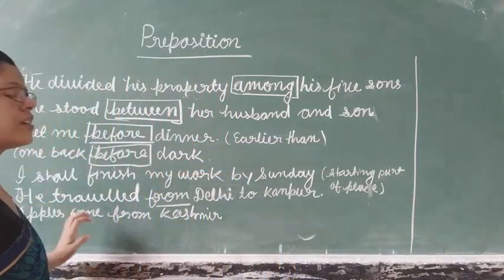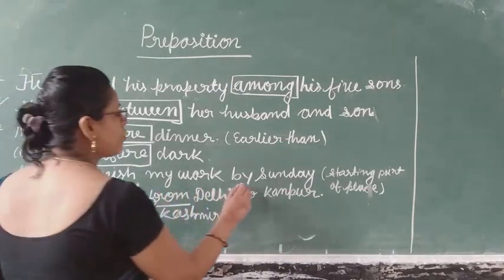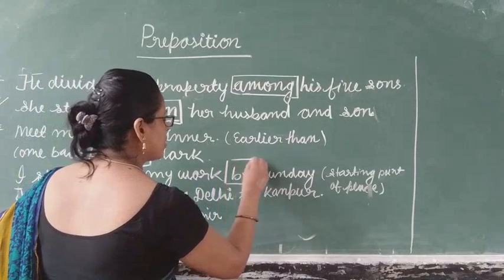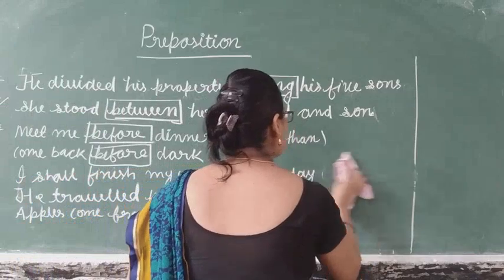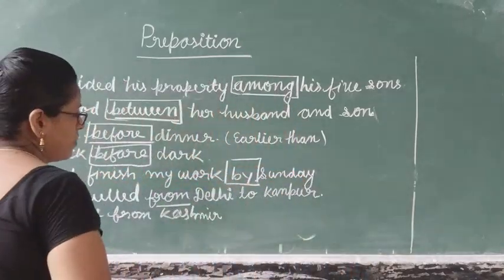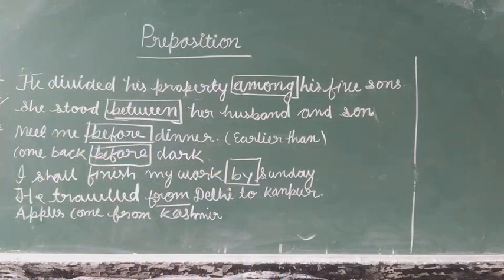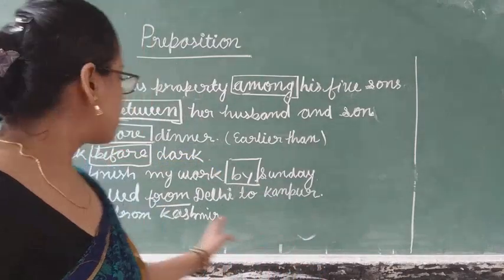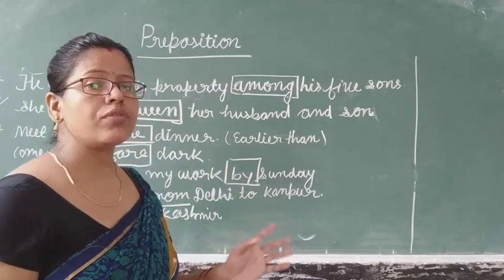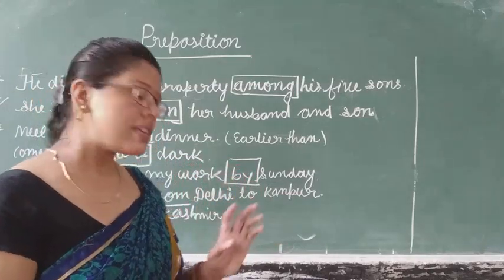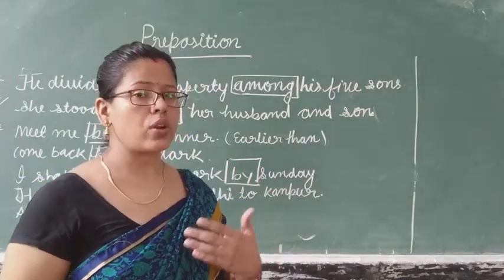Now see another example. I shall finish my work by Sunday. What is the meaning of this by? We use the preposition by when we talk about a certain limit. यानी संडे तक या संडे के पहले तक मैं कर लूँगा, not more than that.